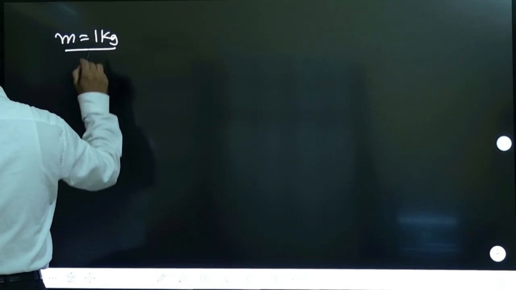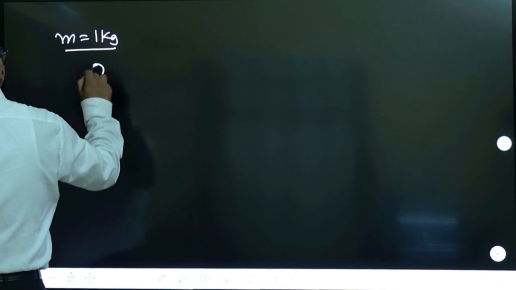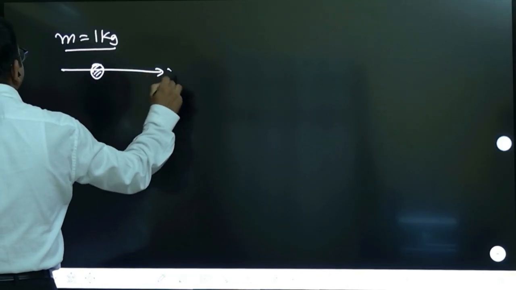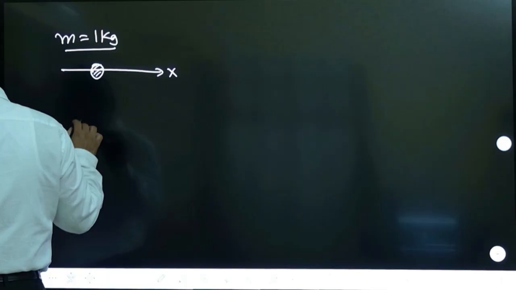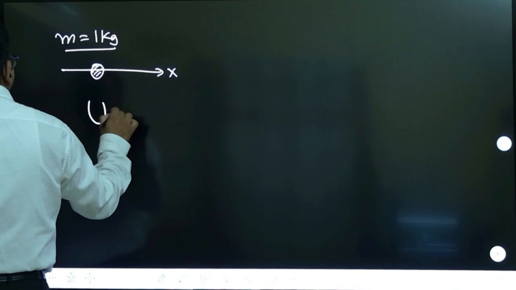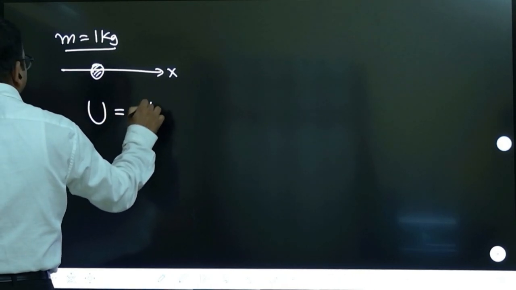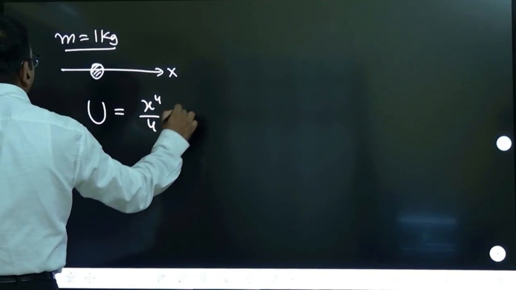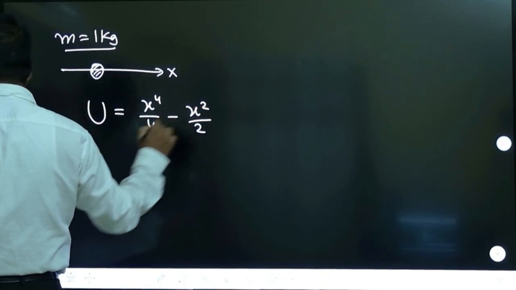Now this is another good question. A particle of mass 1 kg is there, okay? And this particle can move along the x-axis, one-dimensional motion, and the potential energy is given as x power 4 by 4 minus x square by 3.